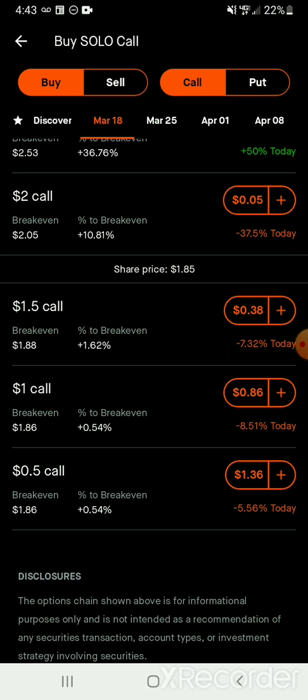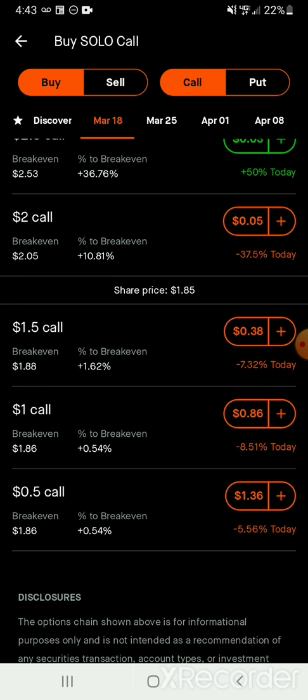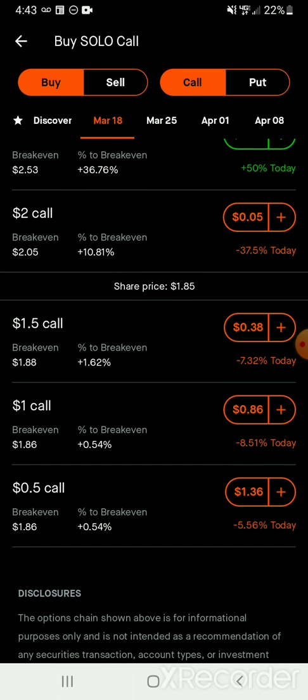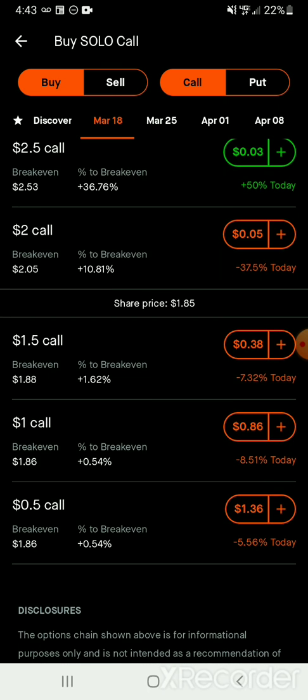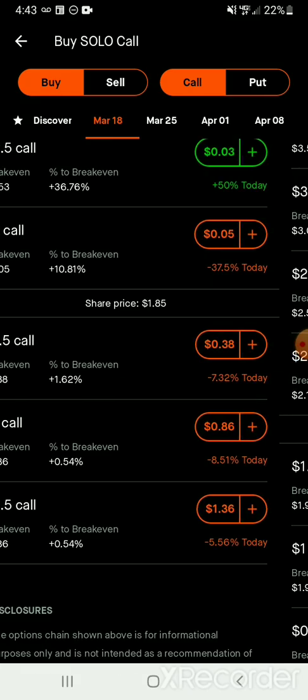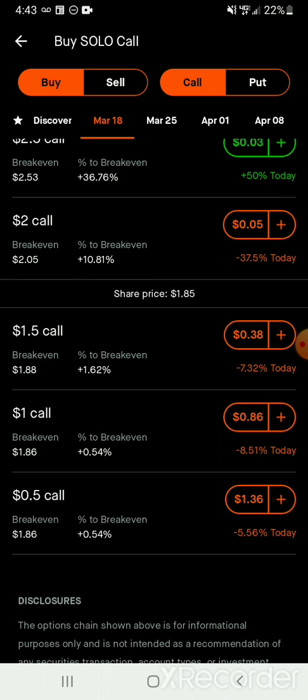However, the premium, the value you have to pay to buy this contract over on the right, is $86. So if I were to buy this, exercise it into 100 shares at $1 a share, sell them at $185 for $85 profit, I would actually lose $1 because I paid $86 to buy the option. And that is basically what the inherent value is: how much value the contract would be if you exercised it into shares and sold those shares.